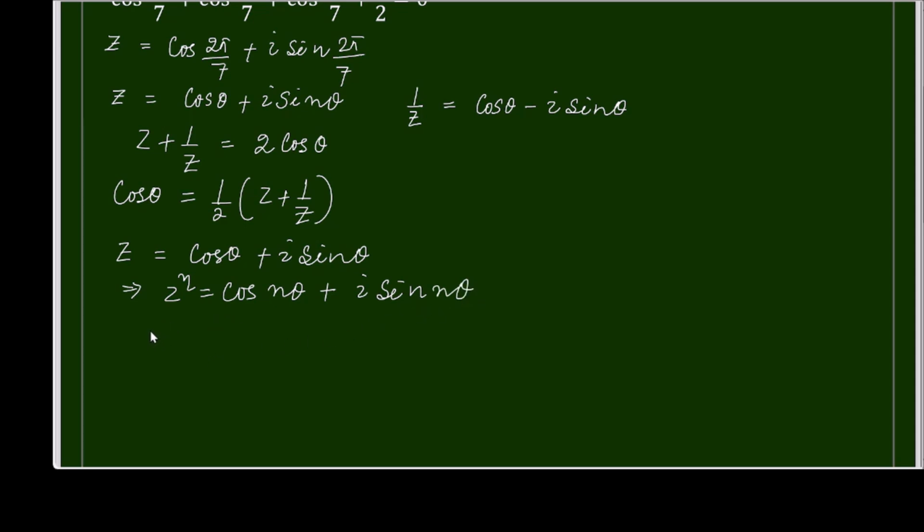So here also cos of n theta equals half of z power n plus 1 over z power n.